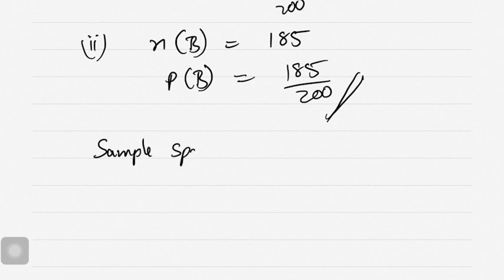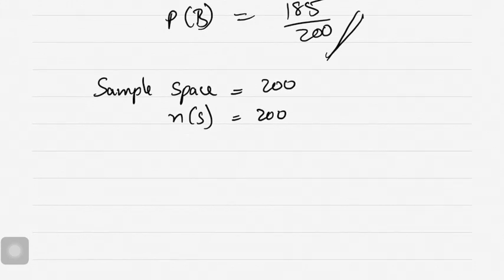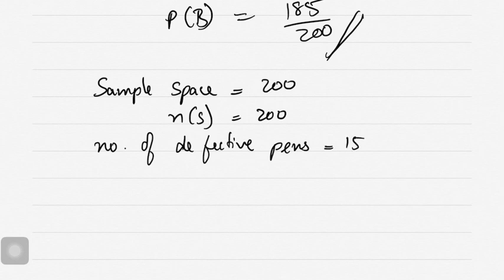Write down sample space is equal to 200 because there are 200 pens, right? So that means my N of S is equal to 200. Next line, number of defective pens is equal to 15.